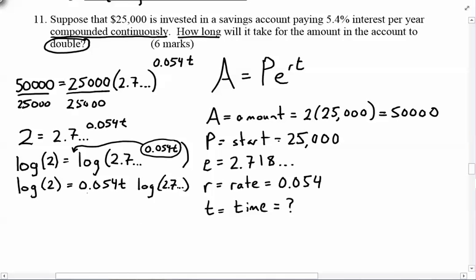So to solve for t, I can just divide by all those things. Divide by 0.054, leave the t there, divide by log of e. So on the left side, I'm going to divide by 0.054 log of e.